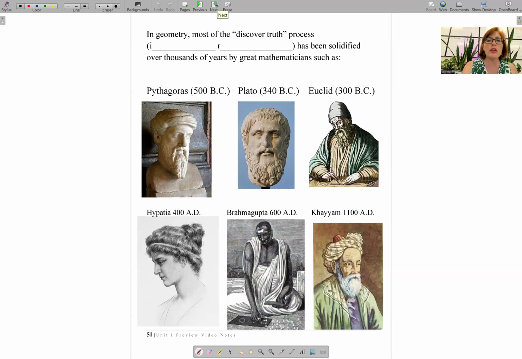In geometry, most of the discovering of truths, the inductive reasoning aspect of this math class, has already been solidified over thousands of years by hundreds of mathematicians from around the world, on every continent, doing multiple math experiments, hands-on experiments, testing.